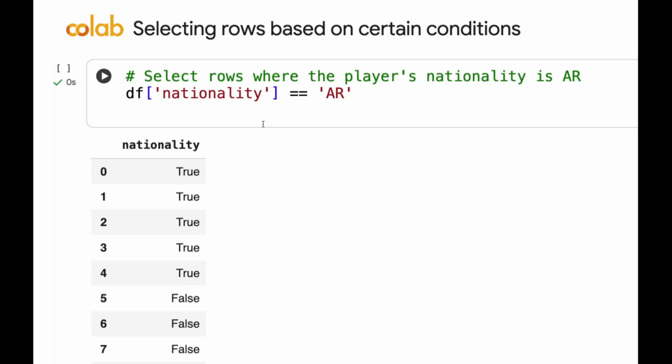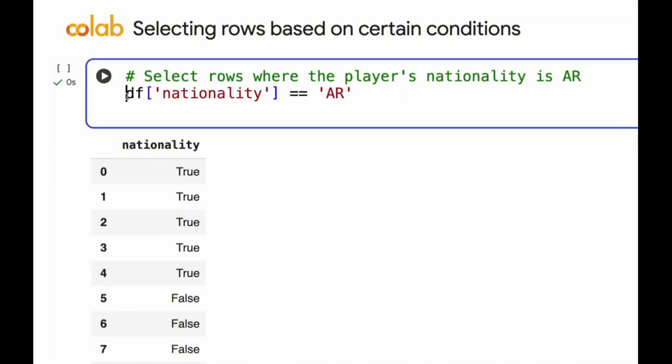Now, this is not our ultimate goal for this example. What we want to do is to select all those records for which the nationality is equal to AR. In other words, those rows where the condition is found to be true. So we're going to do this. This is our condition. Let me cut it so I can use it later.